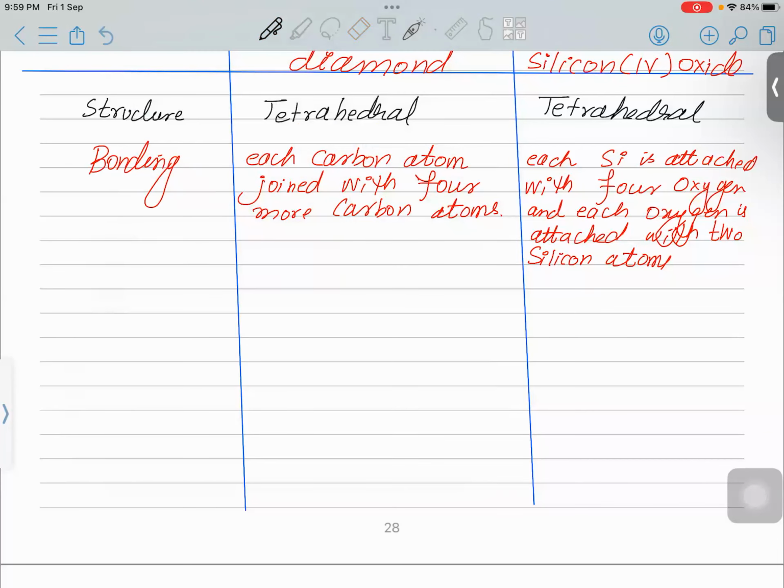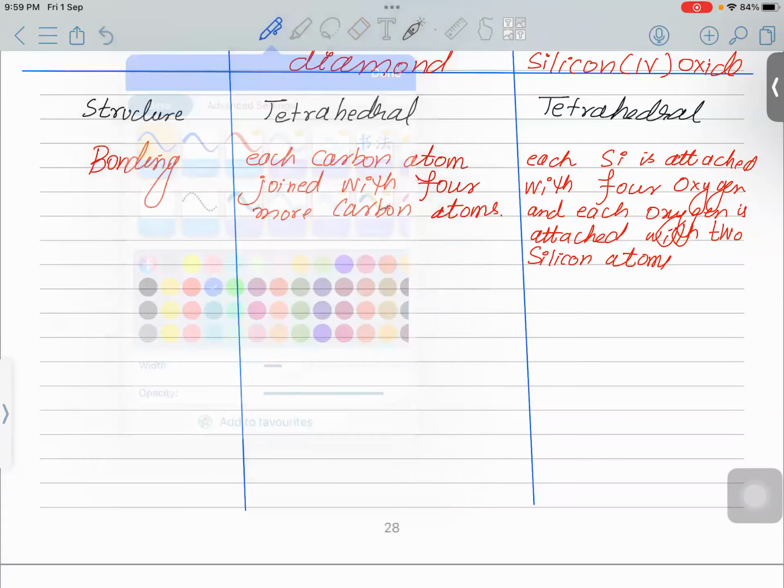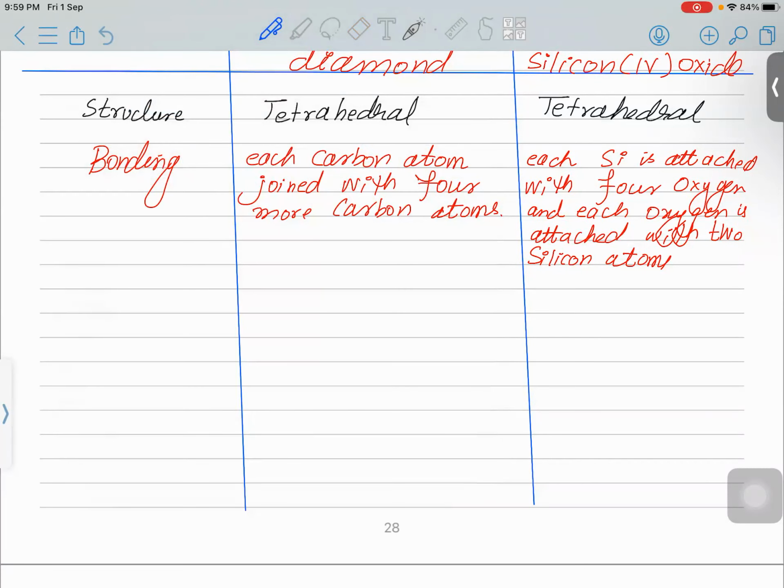Sir, so each carbon atom is joined with 4 more carbon atoms in diamond, yeah? Just like this: carbon, carbon, carbon, carbon. And in silicon: silicon, oxygen, oxygen, oxygen, oxygen.